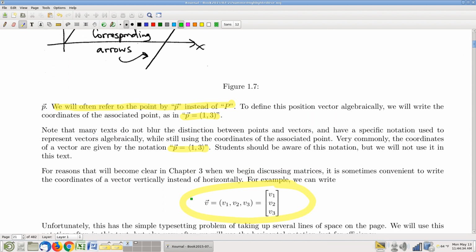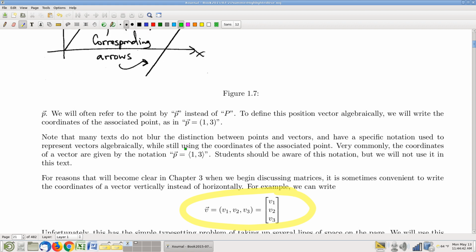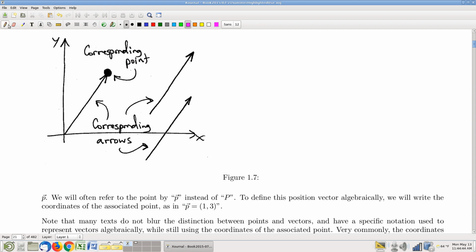So, for example, let's look at this point. Let's look at this vector. How would I describe that vector?